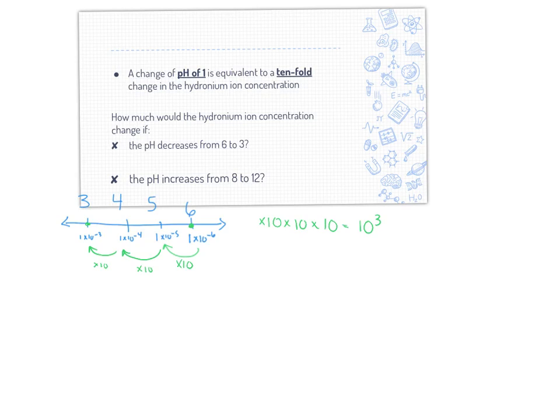So this is an increase because the concentration is getting larger. The concentration of H3O+ is increasing by a factor of 10 to the 3. Now, if the pH increases from 8 to 12, what is happening to the hydronium ion concentration?